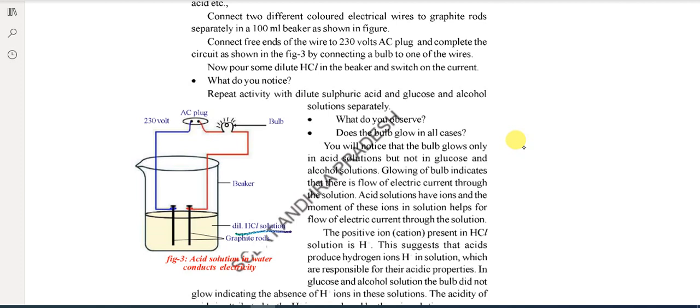Okay, if the solution is changed, suppose glucose or alcohol, what happens? The bulb does not glow. It is very, very important. HCl solution or base solution will give lighting. The main reason is lack of ions in the other solutions.